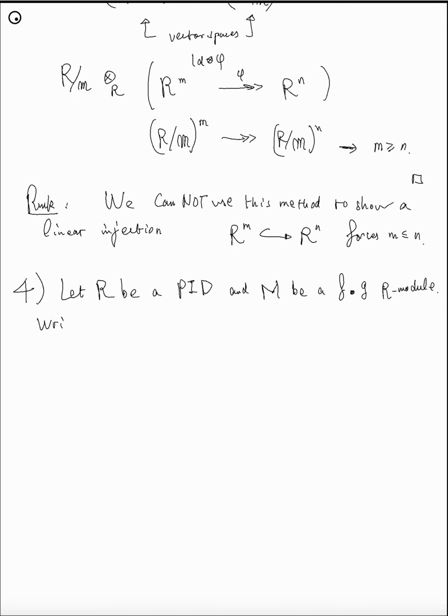We use the structure theorem for finitely generated modules over a principal ideal domain. It's very similar to what happens for groups. So there are free part and torsion parts.